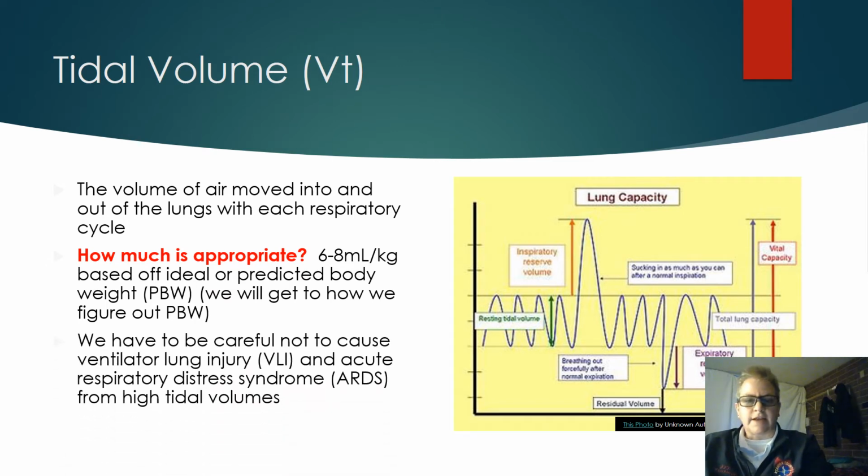As discussed a second ago, ventilator lung injury and acute respiratory distress syndrome are some pretty bad stuff. We have to be careful not to cause ventilator lung injury.